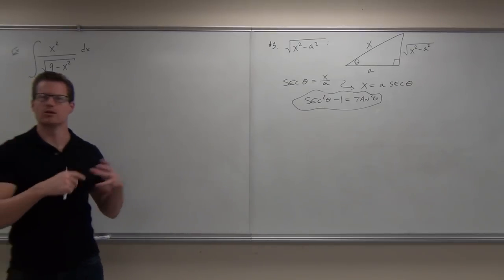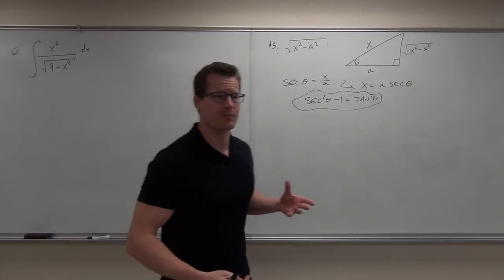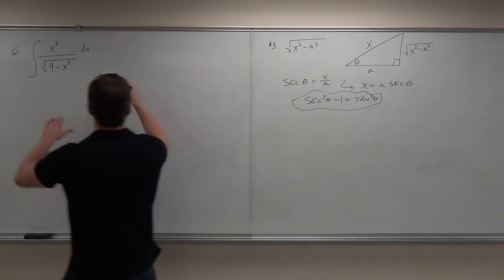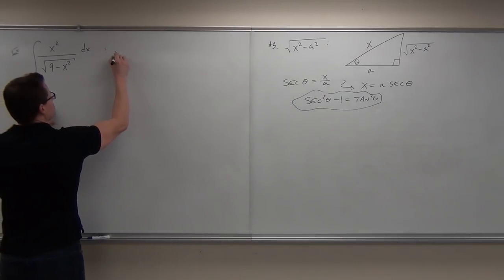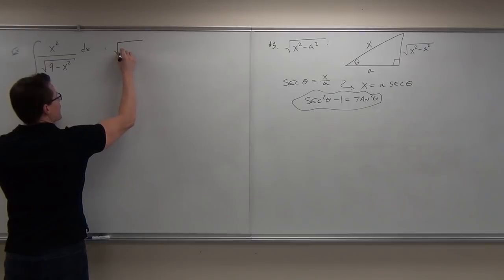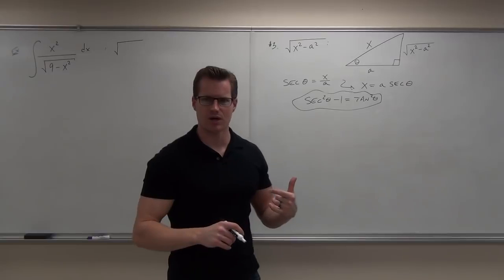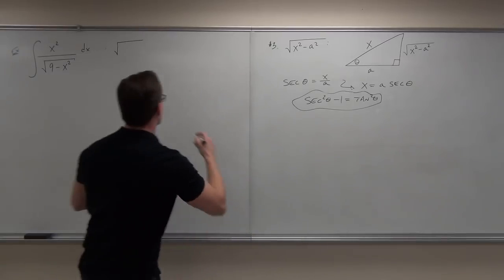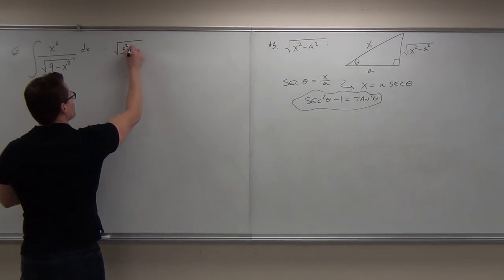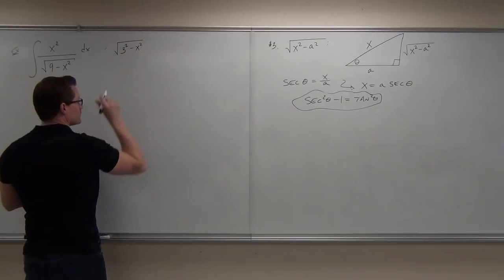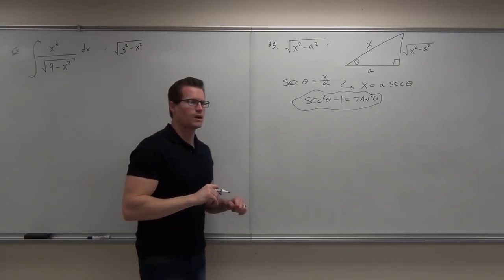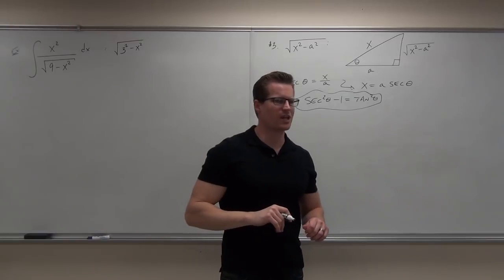What piece are we looking at to substitute? Let's take a closer look at the square root of 9 minus x squared. But I'm not going to think about it as 9 minus x squared. It almost begs the question, what if it wasn't 9?